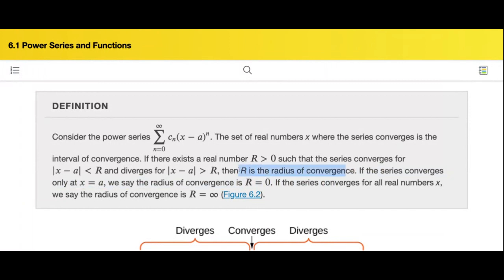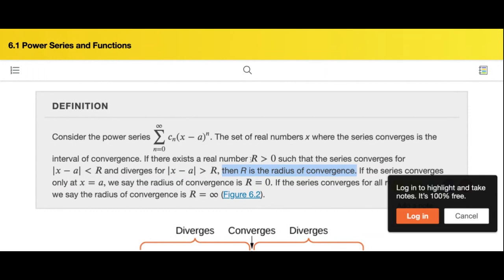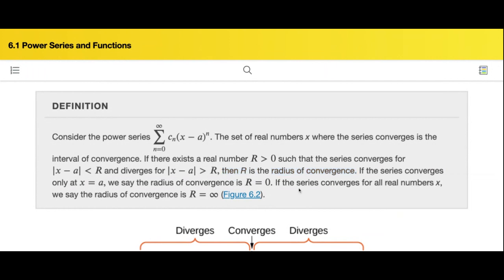If there exists such a positive R, where the absolute value of x minus a less than R converges, then R is called the radius of convergence. But if it's greater than R, the series diverges.